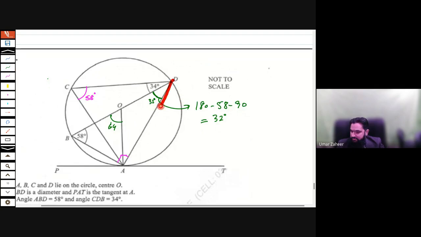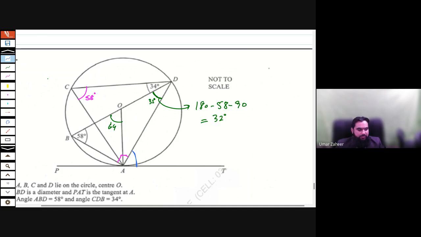Now we have the next one, DAT. DAT means we have to find this angle. Yes, Ariba.